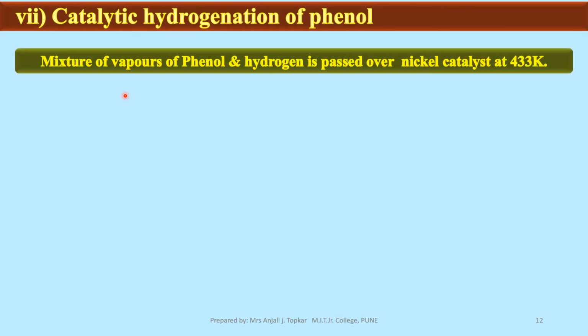Let's talk about catalytic hydrogenation of phenol. Mixture of vapors of phenol and hydrogen is passed over nickel catalyst at 433 Kelvin.